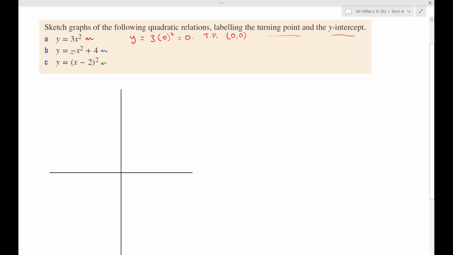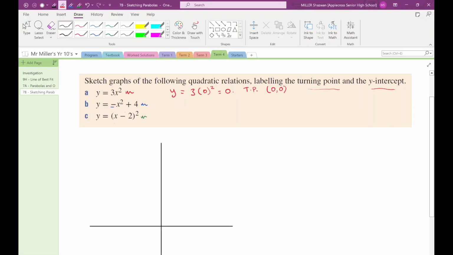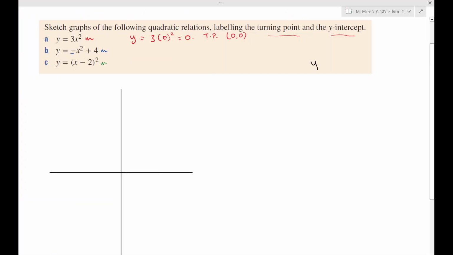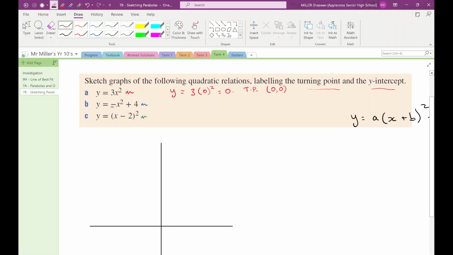So for this quadratic function, let me just write down our turning point format: y is equal to a(x plus b) squared plus c. We've seen how these three constants affect our parabola.